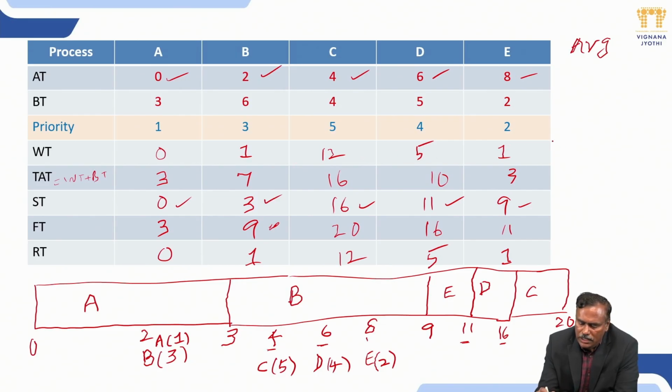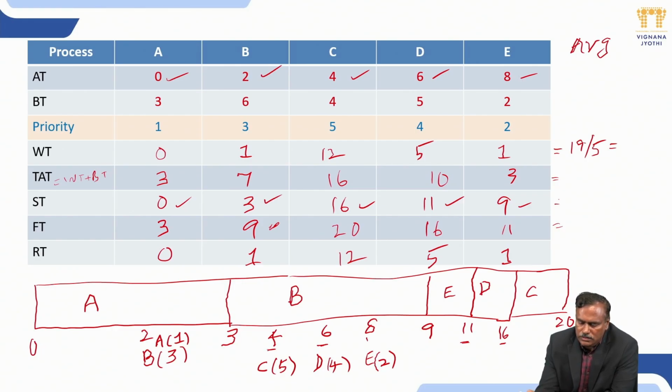You need to sum them, and the number of processes is 5. So if you sum these values, 0 plus 1, 1; 1 plus 12, 13; 13 plus 5, 18; 18 plus 1, sum is going to be 19. Number of processes is 5. So 19 by 5 is the average waiting time, 3.8. In a similar fashion, if you want average values, you can sum up the values and divide by the number of processes.